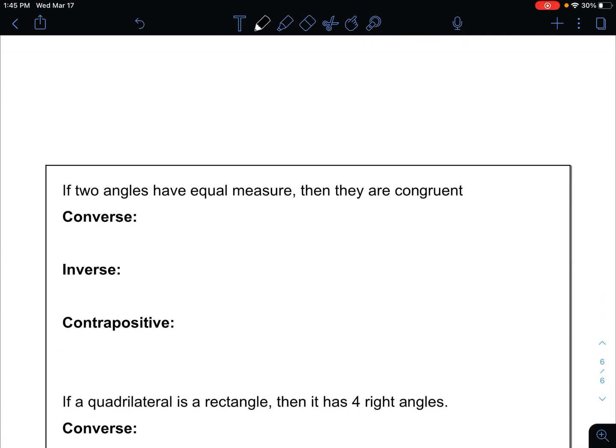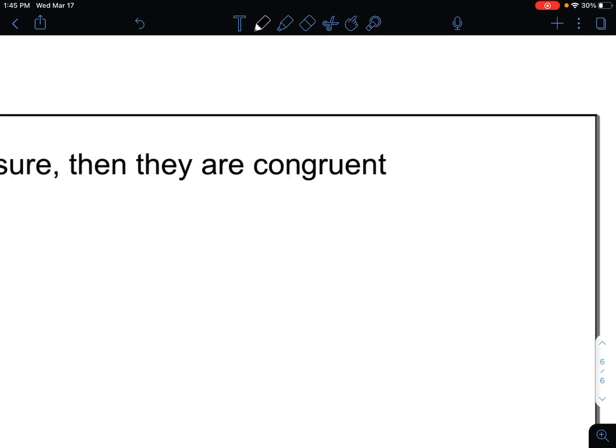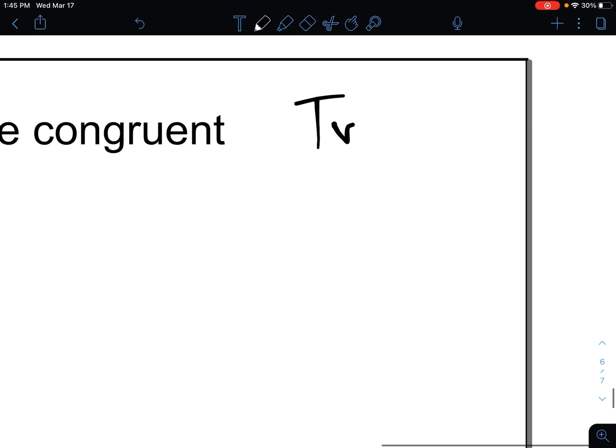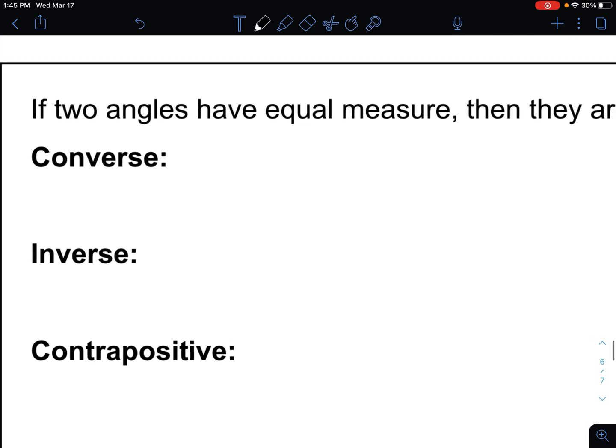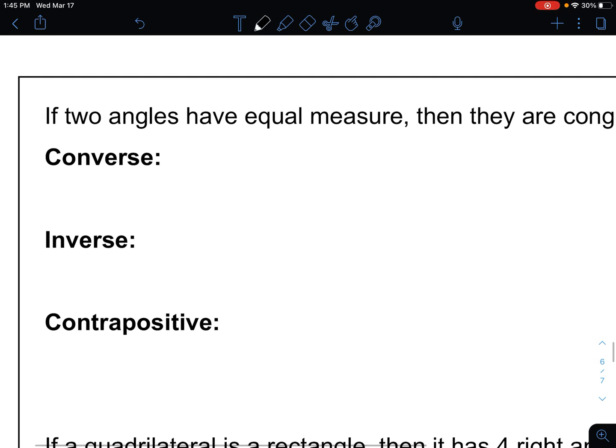Okay, go down here. If two angles have equal measure, then they are congruent. That is a true statement, right? That's true. Well, what's the converse? Flip them around.